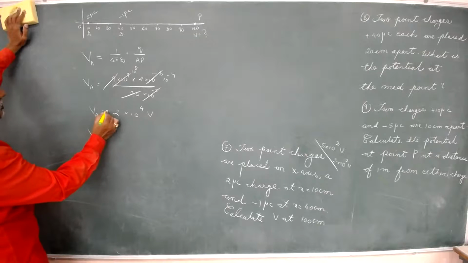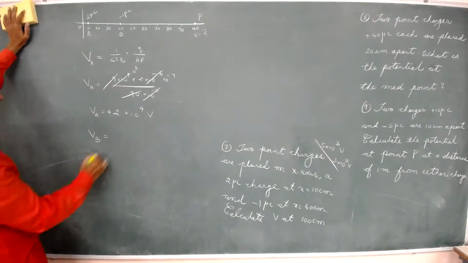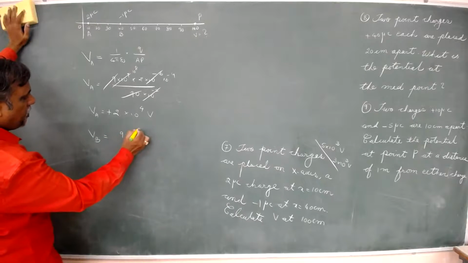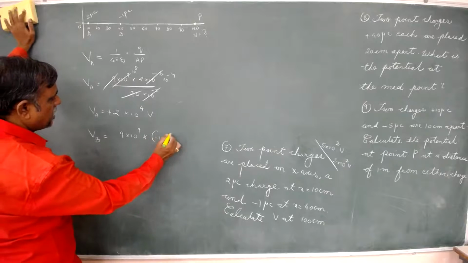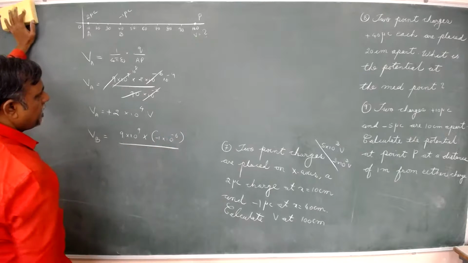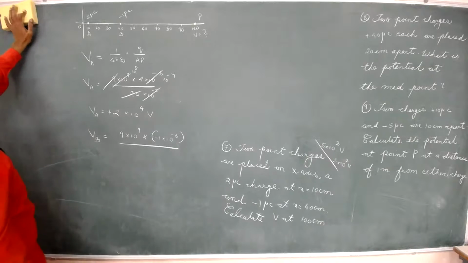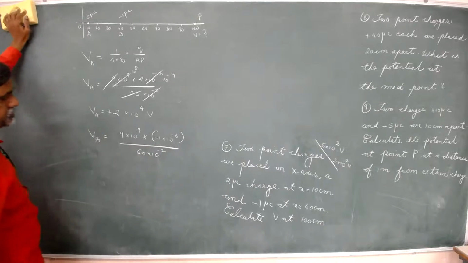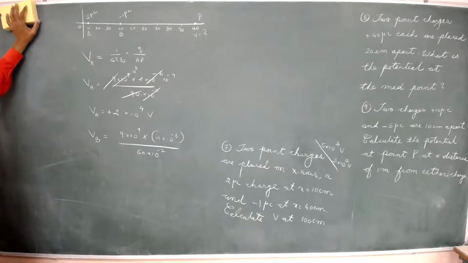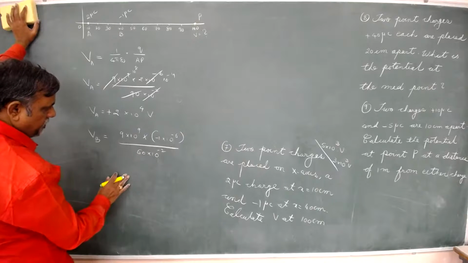The charge is negative, so potential due to B is 1 by 4 pi epsilon naught, 9 into 10 power 9, into Q, where Q is minus 1 into 10 power minus 6. The distance between B and P is 100 minus 40, that is 60, so 60 into 10 power minus 2, which can be written as 6 into 10 power minus 1.